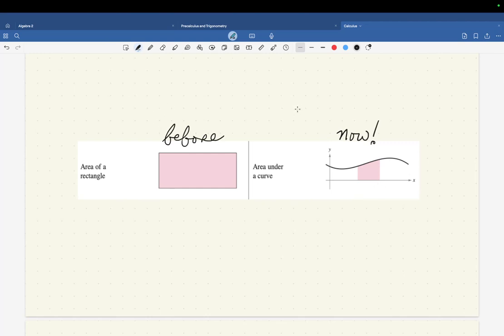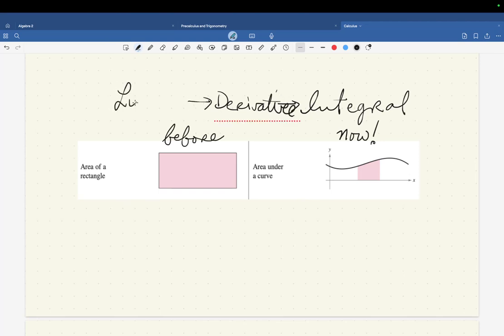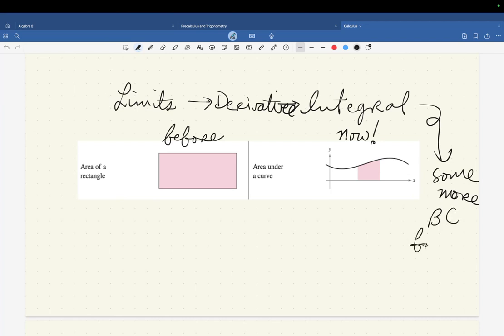And so this is called an integral. And the order that we will flow through the course is first limits, then comes derivatives, and then integrals, and then some more for our BC friends here.